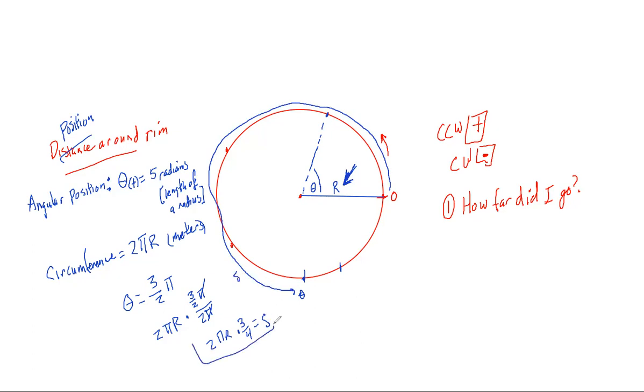So this is a meters measurement. And so really what I end up finding is that my total distance is equal to theta, the angle, effectively.